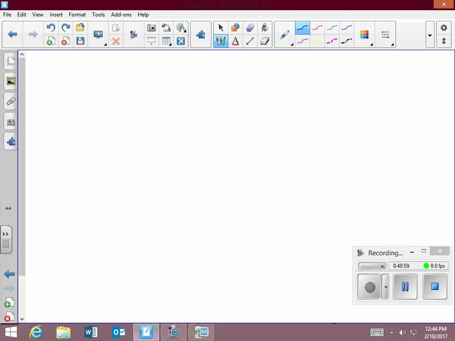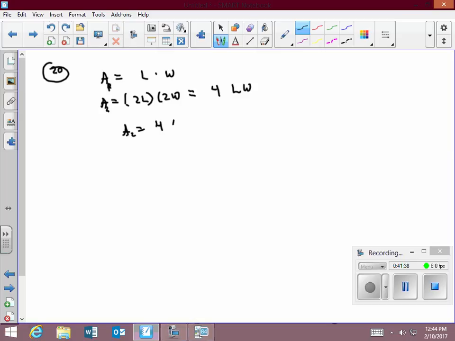So 20. What happens to the area of a rectangle if we multiply both its length and width by 2? Well, the area of a rectangle is length times width. So if we multiply the length by 2 and the width by 2, then we get 4 times the original area, right? So area 2 equals 4 times area 1.